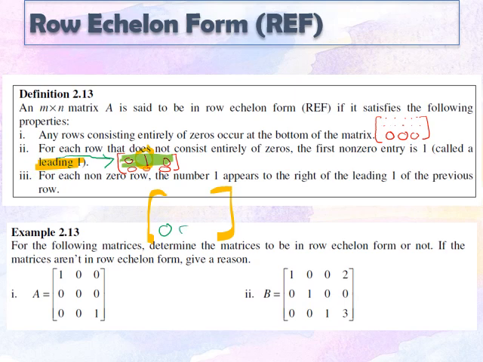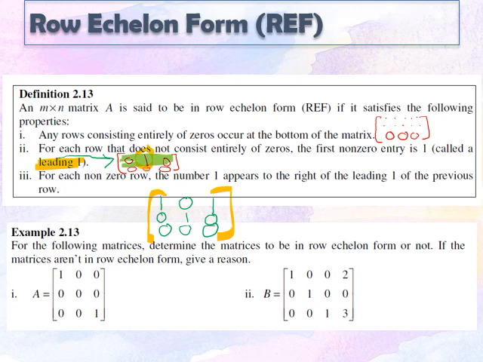It's like this. You have 0, 0, 0, and then you have the leading 1 here: 1, 0, 1, and then 0, 1, 0. So the leading 1 is here.